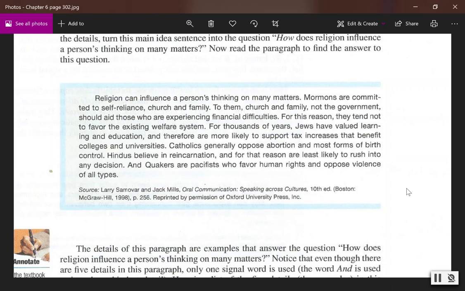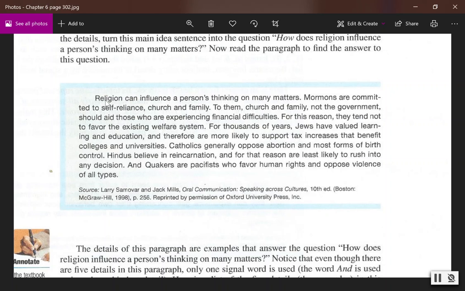For thousands of years, Jews have valued learning and education, and therefore are more likely to support tax increases that benefit colleges and universities. Catholics generally oppose abortion and most forms of birth control. Hindus believe in reincarnation, and for that reason are least likely to rush into any decision. And Quakers are pacifists, who favor human rights and oppose violence of all types."